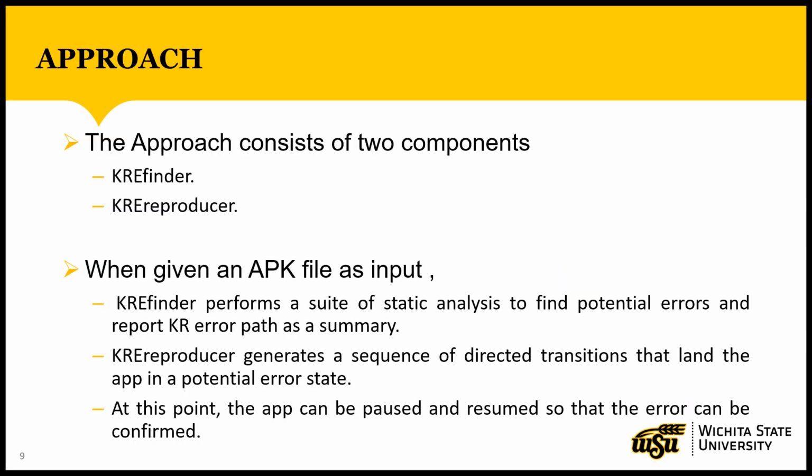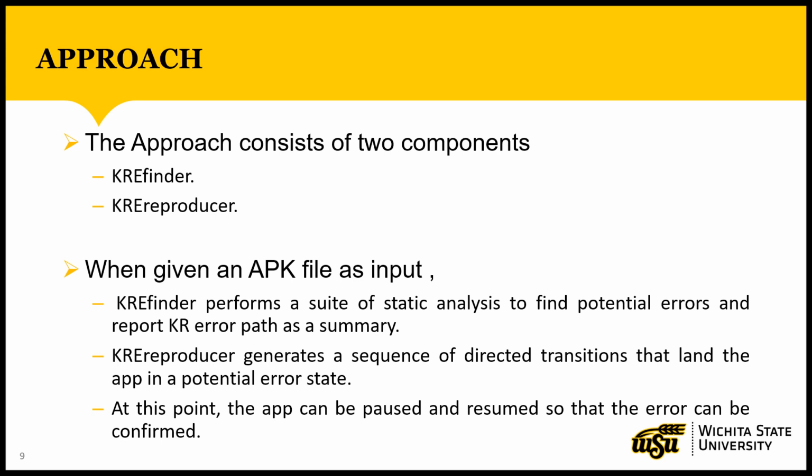The approach mainly consists of two components, the KRE Finder and KRE Reproducer. The KRE Finder is a toolset designed to identify and reproduce restart errors, that is, the KR errors, inside an Android application. The KRE Reproducer aims to create graphical user interface specific input sequences to trigger a particular method of interest within an app.